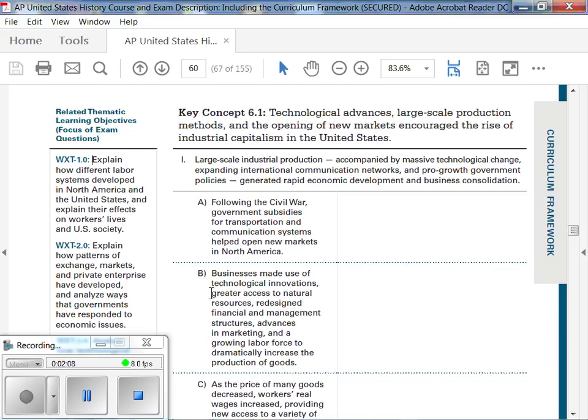For now, we're going to be focusing on the stuff in the middle here. So what you need to do for this assignment is take a look at each of the things with the capital letters next to them. So here we have A. In this case, we're going to look at the one on following the Civil War for our sample. What you're going to try to do is consider this statement, whatever it is, as though it were the thesis statement of an essay or potentially the topic sentence of a long paragraph in an essay.